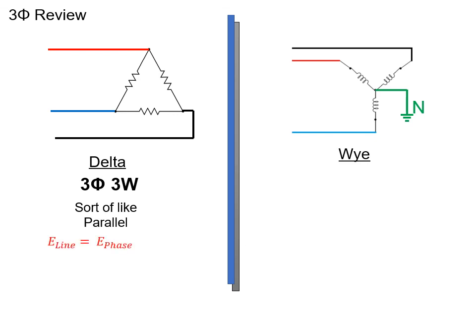Just like parallel, the line voltage and the phase voltage are the same. If our two phase currents are the same value at 120 degrees of separation, then our line current will be bigger than our phase by a factor of √3. So too, if our delta connected loads are the same, then our phase current will be smaller than our line current by a factor of √3.